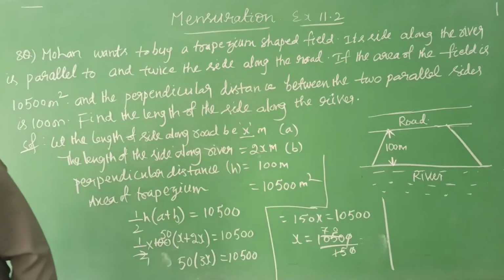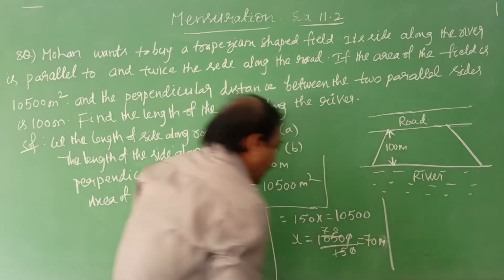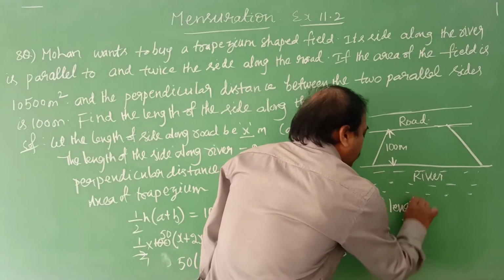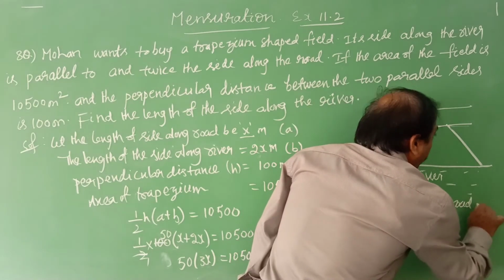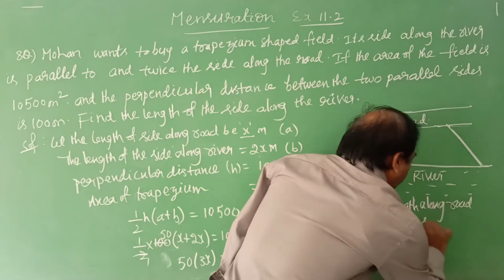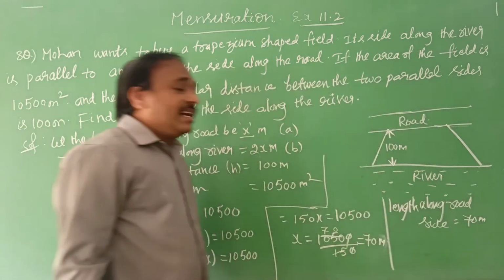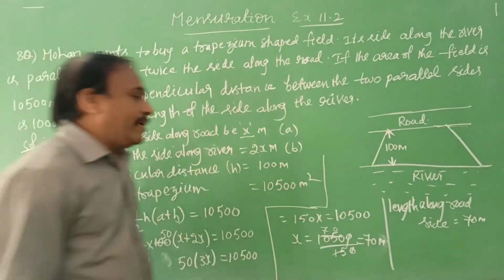The length along the roadside is 70 meters. Now he is asking for the length along the river side. It is 2x, 2 times of x.